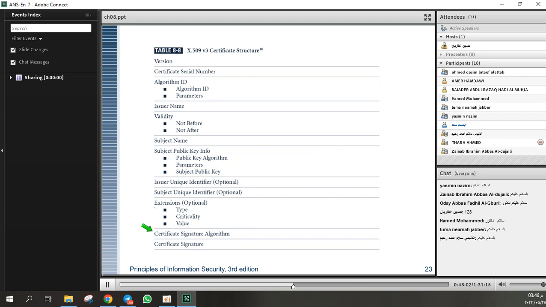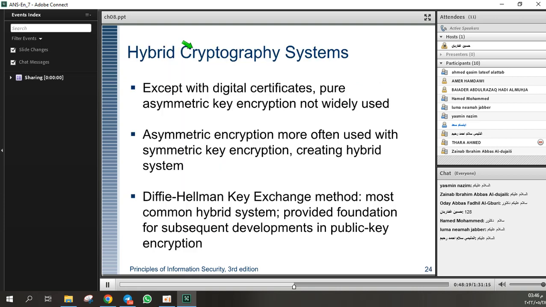You can find it here: my signature and my signature algorithm. This information is presented in the signatures upon the protocol X.509 version 3.